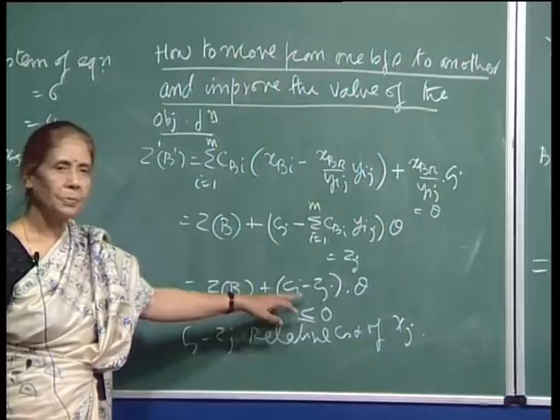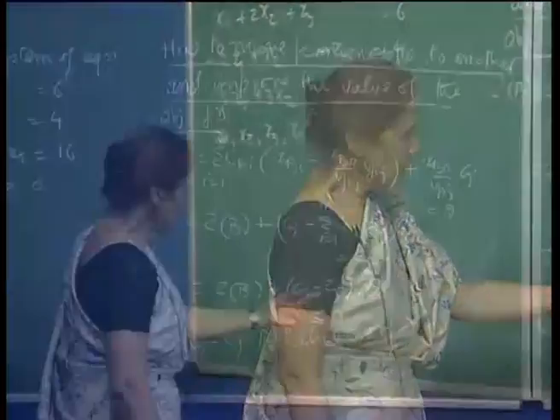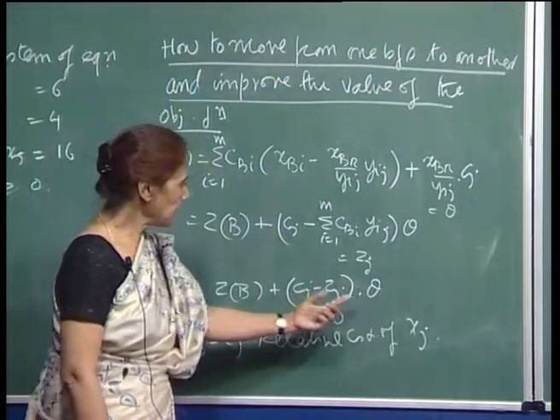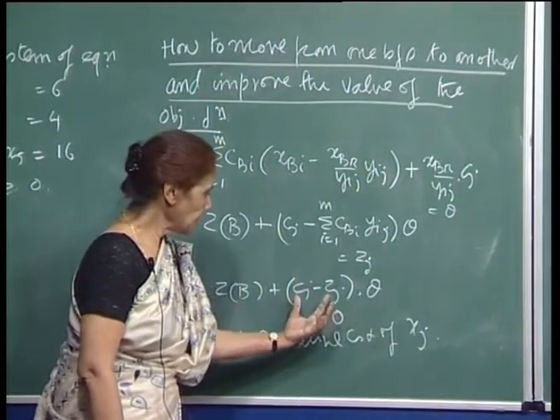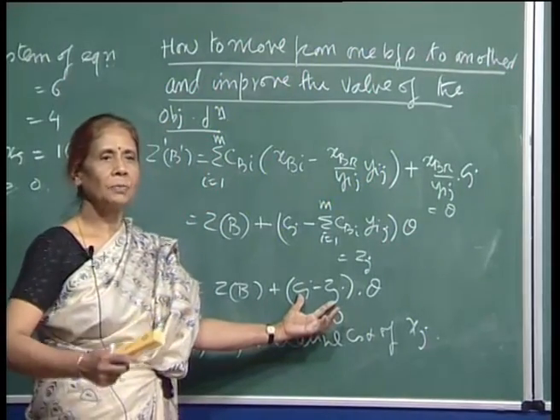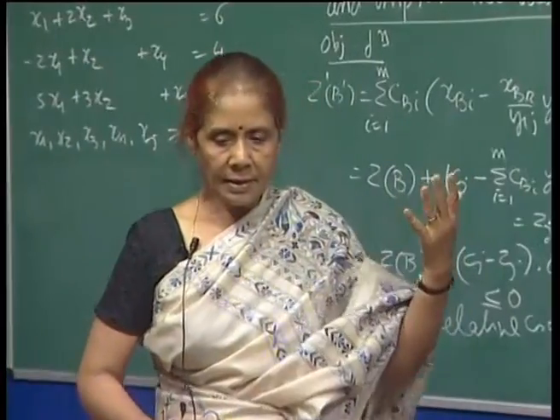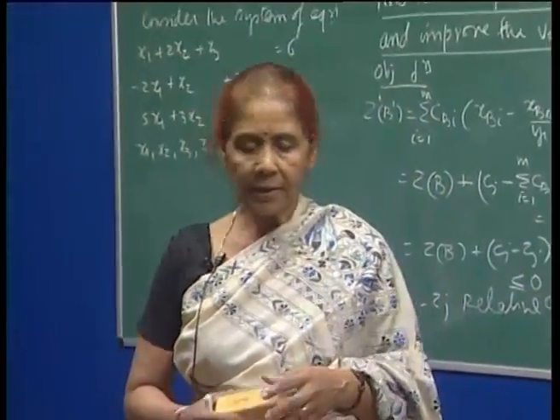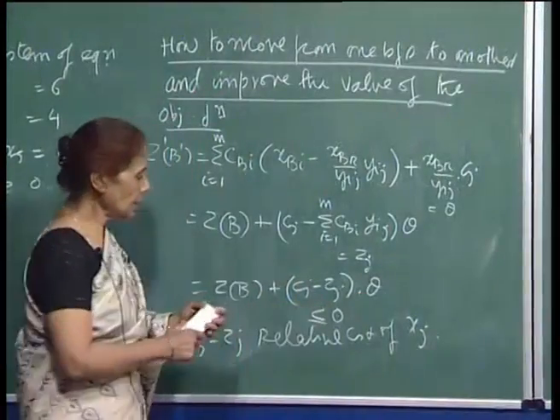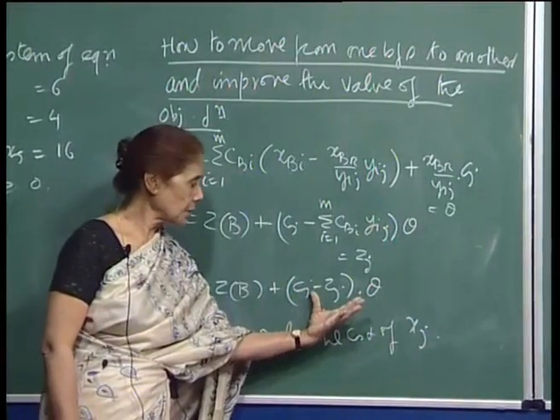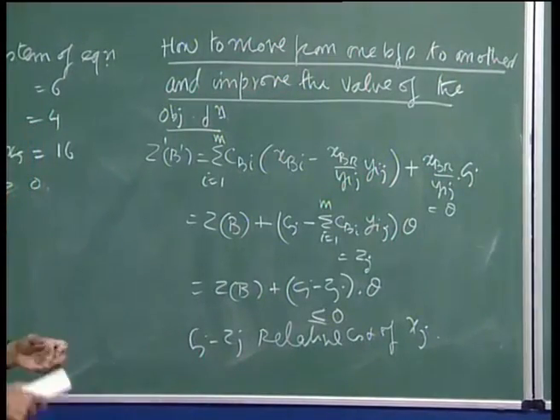There are many interpretations to Cj minus Zj that one can give, and as you see, for 1 unit increase in the value of xj, that is, if theta is 1, the value of the objective function changes by Cj minus Zj. And remember, because we have assumed linearity axioms, proportionality and so on, when there is an increase of theta in the value of xj, the total increase in the value of the objective function is Cj minus Zj into theta, right.